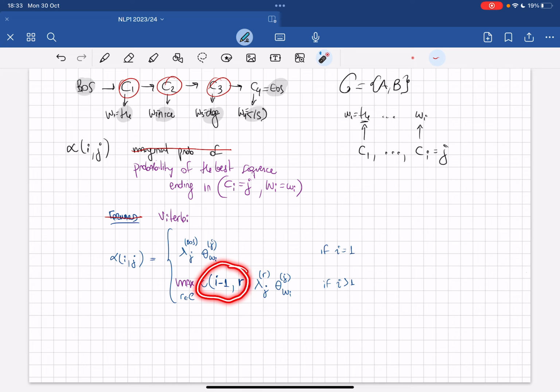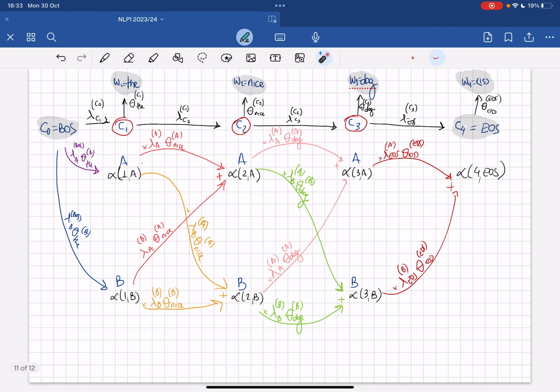It may have ended in any one of the tags that are possible in the tag set, and from that choice we proceed with a transition emission pair that is appropriate, meaning the one that uses the corresponding tag, and again that emits the correct word. Now, whereas before we summed the probabilities of all these alternatives, this time we're going to pick the one that has maximum probability. I'm going to show you again in this example.